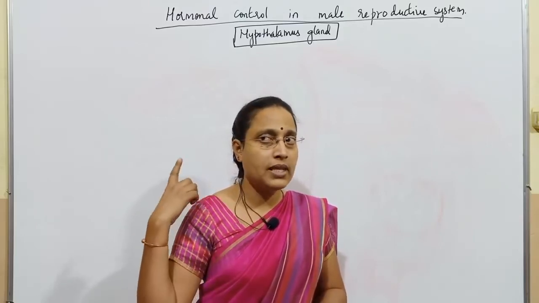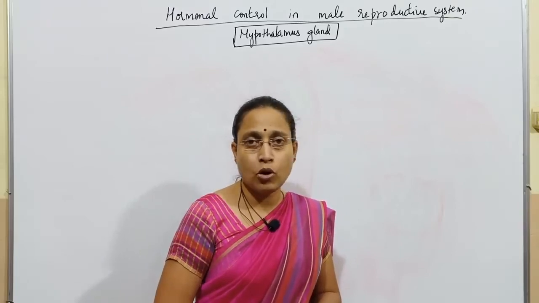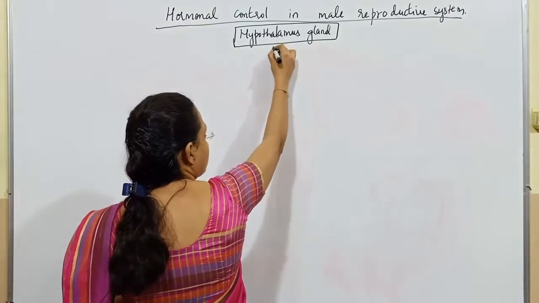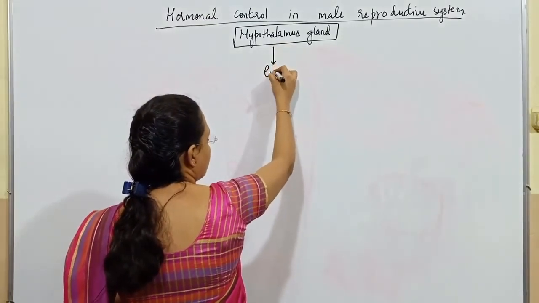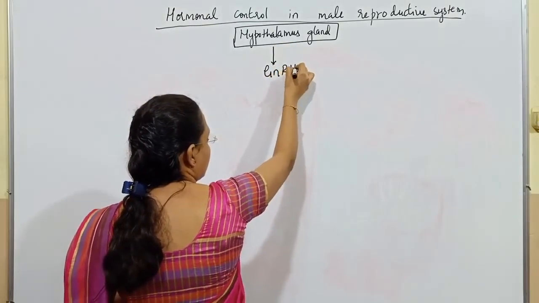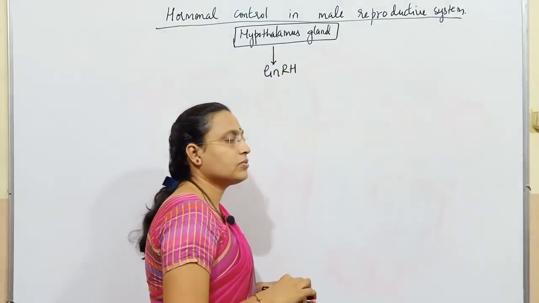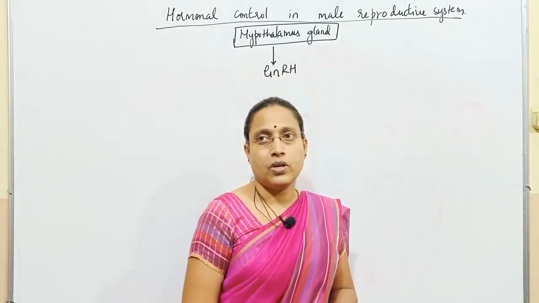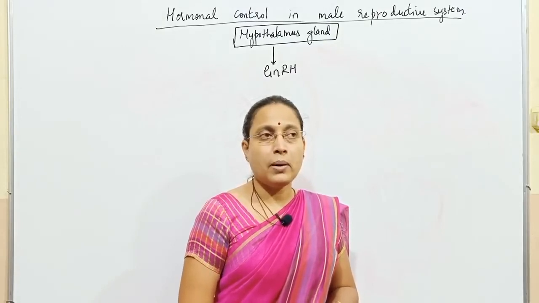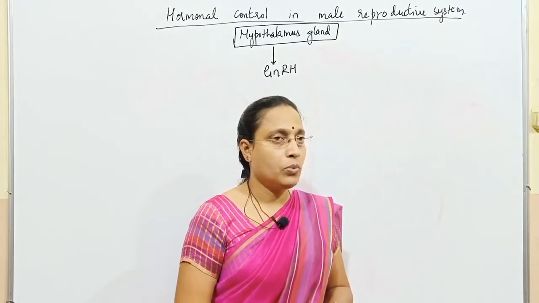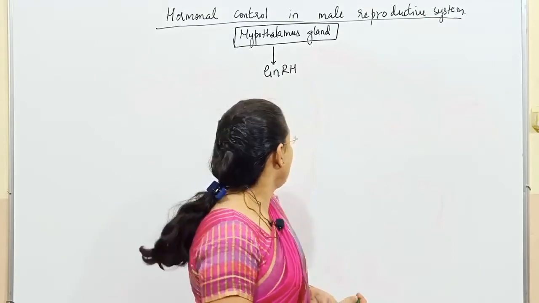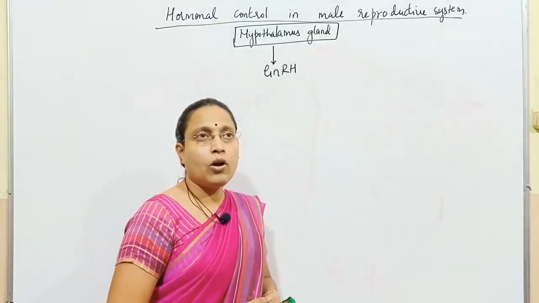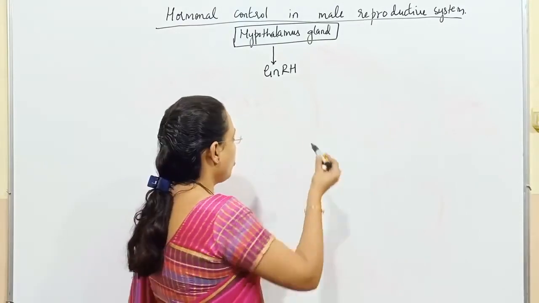For this mechanism, there is a hormone called GnRH. So the hypothalamus secretes GnRH hormone when the male attains puberty. What is GnRH? It is gonadotropin releasing hormone.